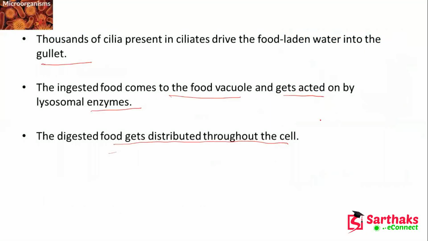Let me write this down. First is phagocytosis. This is the process by which the cell uses its plasma membrane.